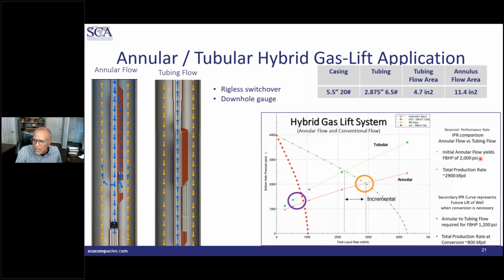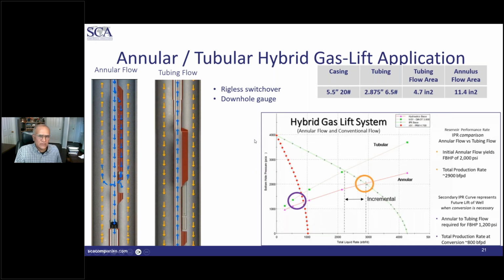So you can have initial annular flow yielding about 2,900 barrels of fluid with the 2,000 psi. And once you reach about 1,200 psi of FBHP, then you convert over to the tubular.